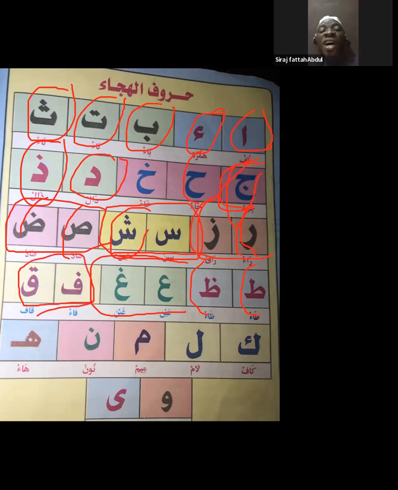Then the next two letters are Fa and Qaf. This one here with one dot is Fa, Fa, Fa. While this one is Qaf, Qaf, Qaf.